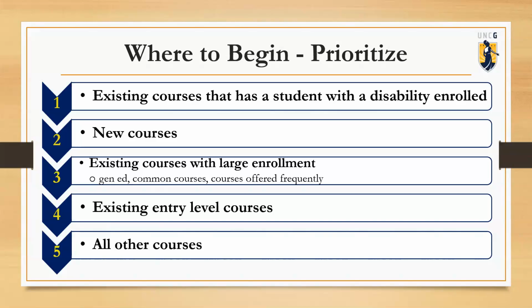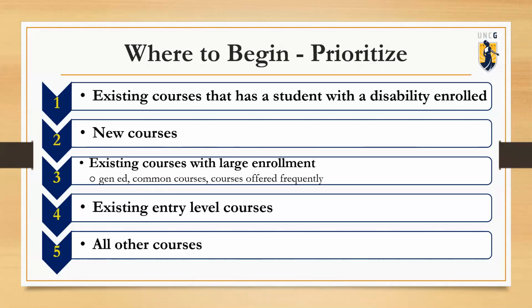The next type of course that you may want to look at would be existing courses that have a large enrollment. So maybe a course that is pretty popular, maybe a general education course that tends to be offered frequently. If you're having to prioritize and pick and choose where to start, that would be another thing to consider.